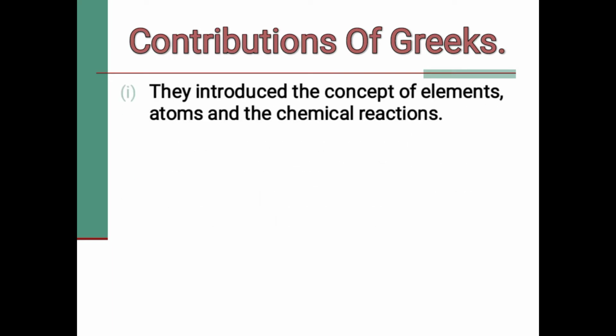Basically the Greeks introduced the concept of elements. You know what elements are? Elements are the simplest kind of matter. They introduced the concept of atoms, and atoms are the smallest indivisible particles of matter. And chemical reactions. What are chemical reactions? Rearrangement of atoms and molecules to form a new compound.